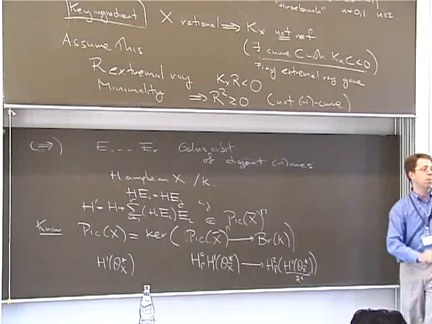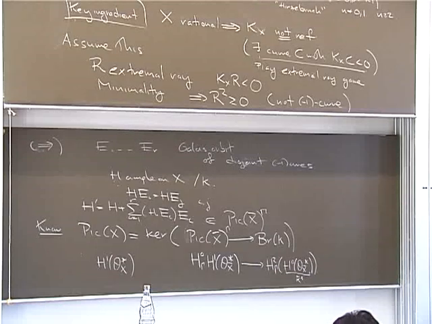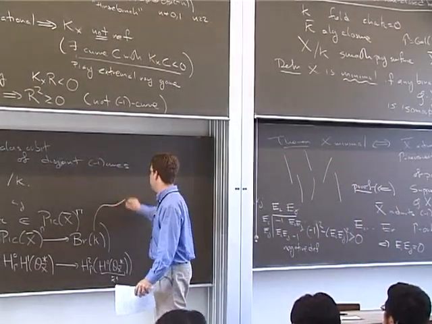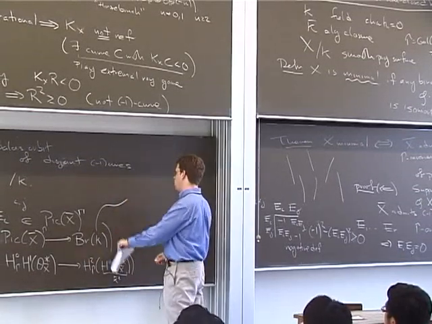So this is the Brauer group. Now, the one thing I want to emphasize about this is that the Brauer group is a torsion group.